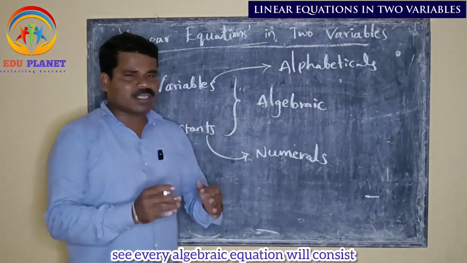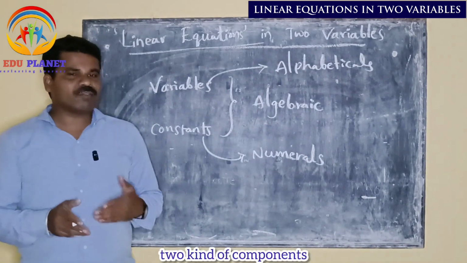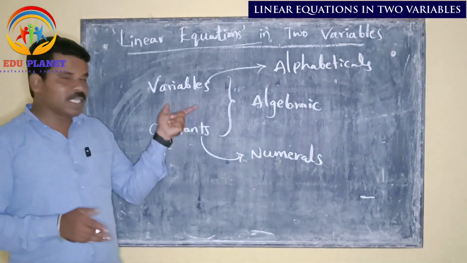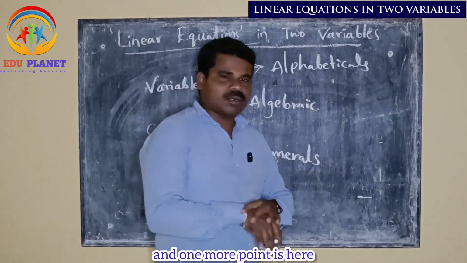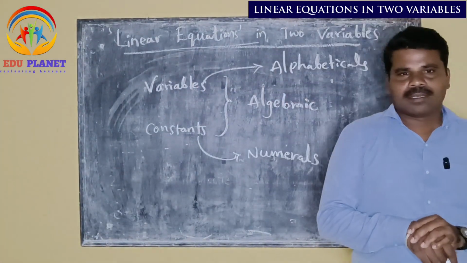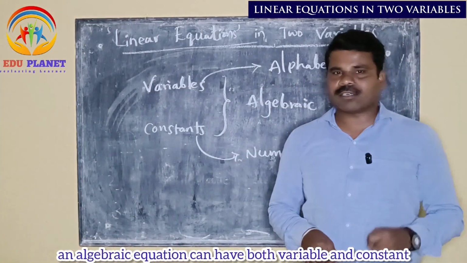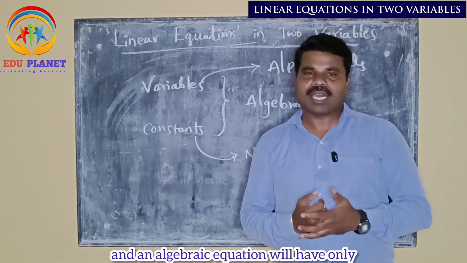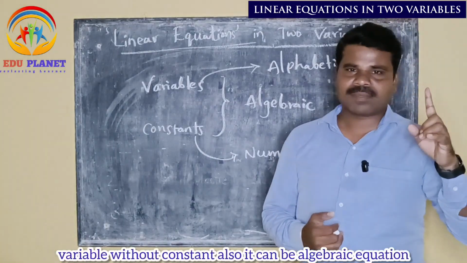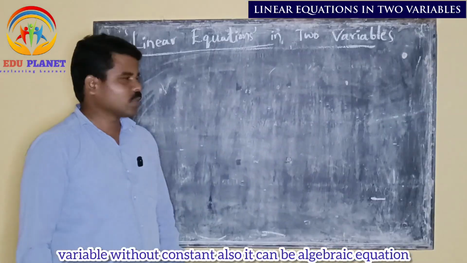Every algebraic equation will consist of two kinds of components, variables and constants. And one more point: an algebraic equation can have both variable and constant, and an algebraic equation can have only variable. Without constant also it can be algebraic.